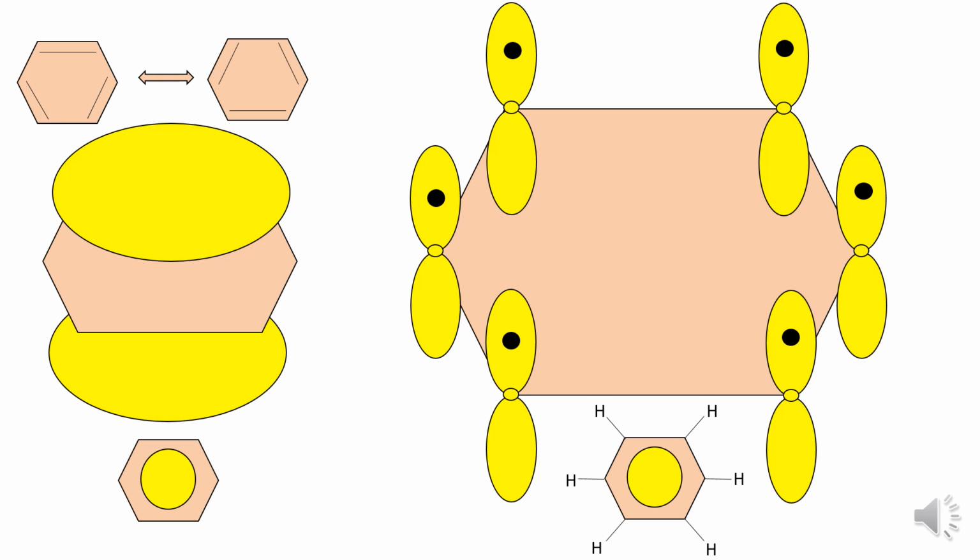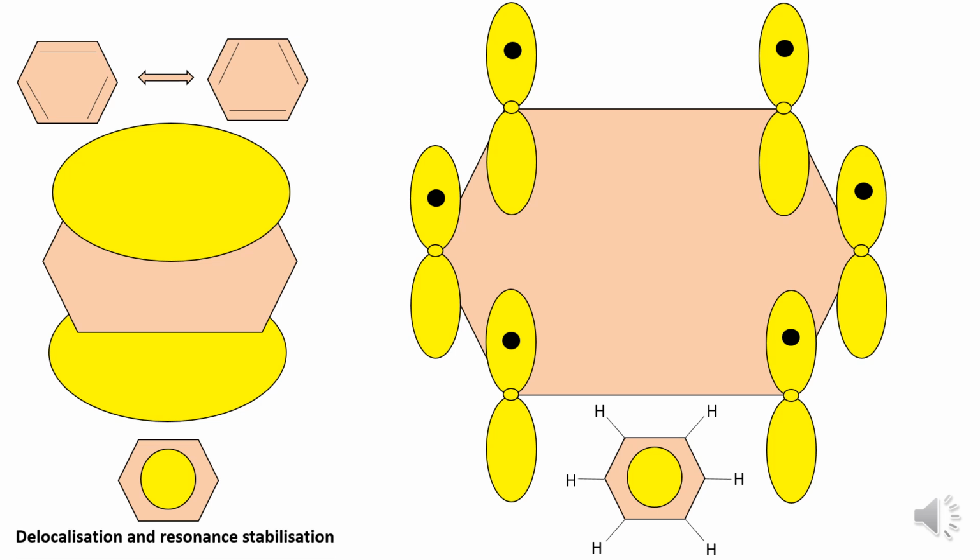So this is rightly applicable to the benzene ring, where there is a change in the movement of electrons, but the position of the atoms remains one and the same. There is no alteration in the position of the atoms, but there is a change in the movement or location of electrons.